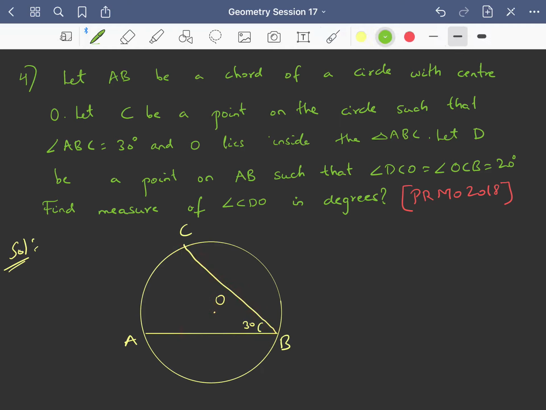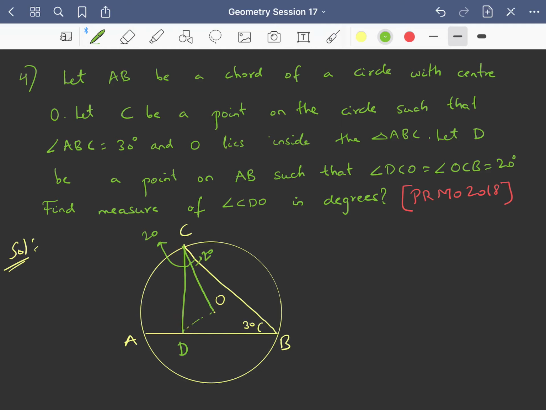So if I join this OC, this is 20, and then if I draw 20, then this is D. So this is the figure, and you need to find what? Angle CDO. This is the angle which you need to find.